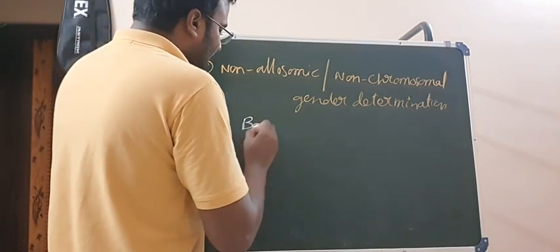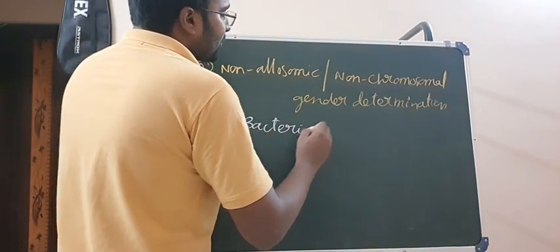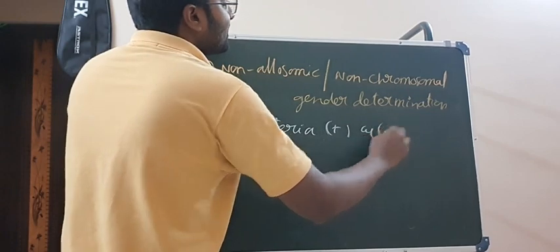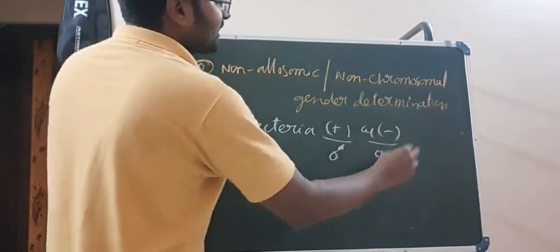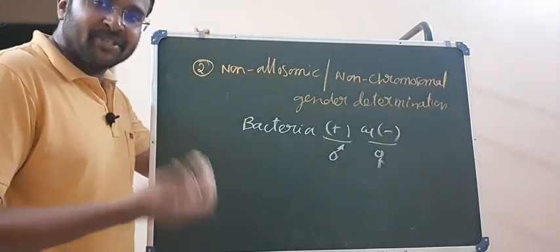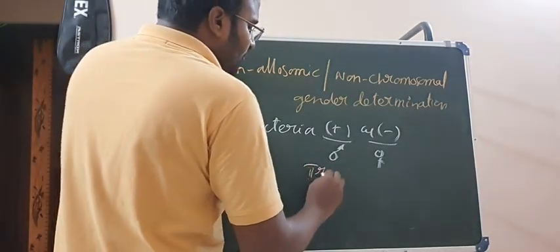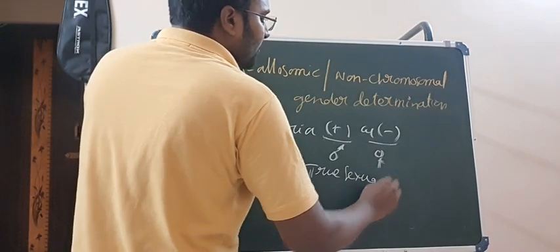So in bacteria, there are some strains, plus and minus. The plus strain is considered as male, the minus strain is considered as female. In fact true gender is not present, true sexuality is not present.